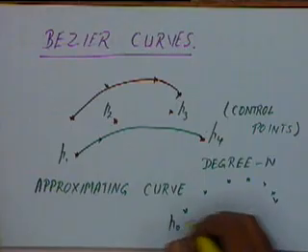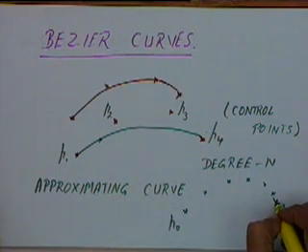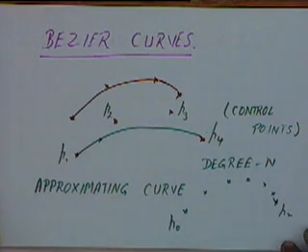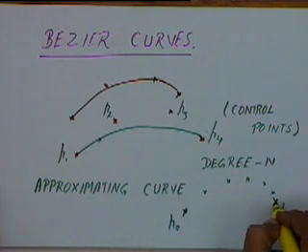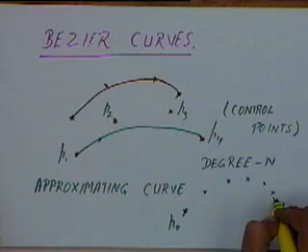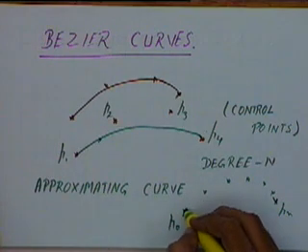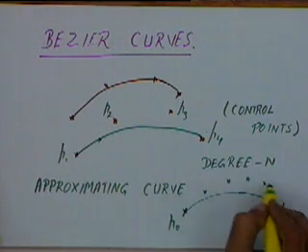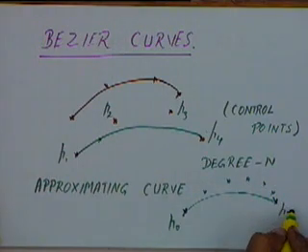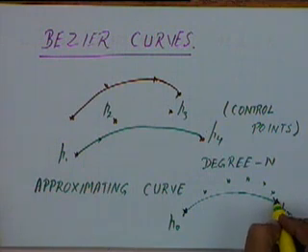This is my point P0 and this is my point Pn. What we say is that we would like the curve to start from P0 and end at Pn. We want to define a curve which will go like this. It will be approximated by all these points, and it will go from the starting point to the last control point.